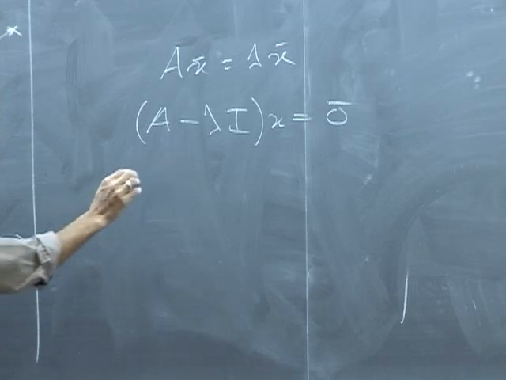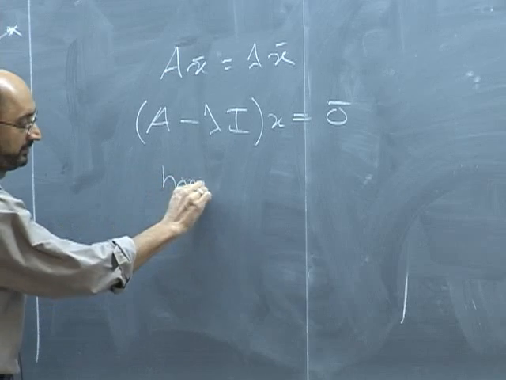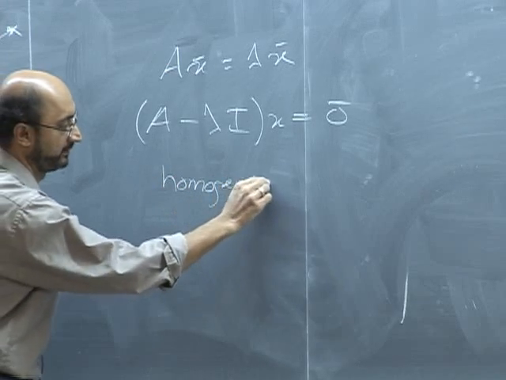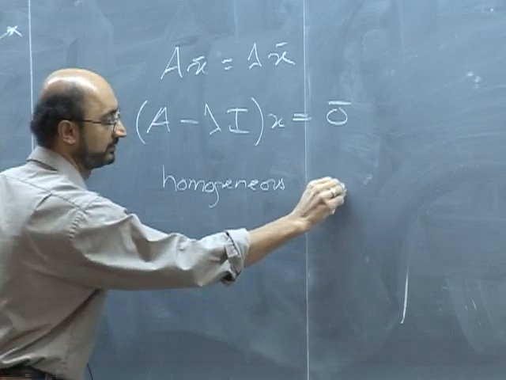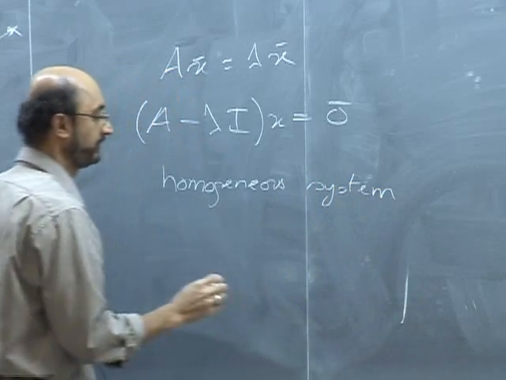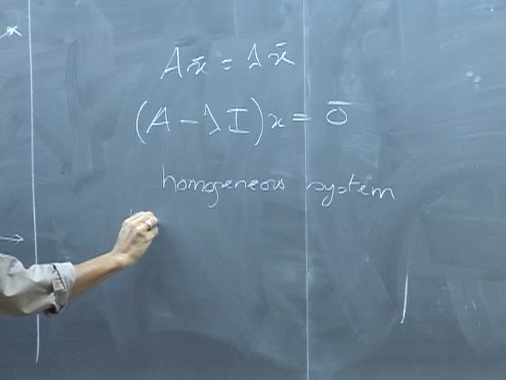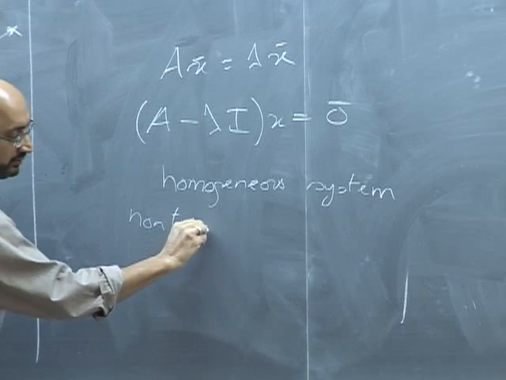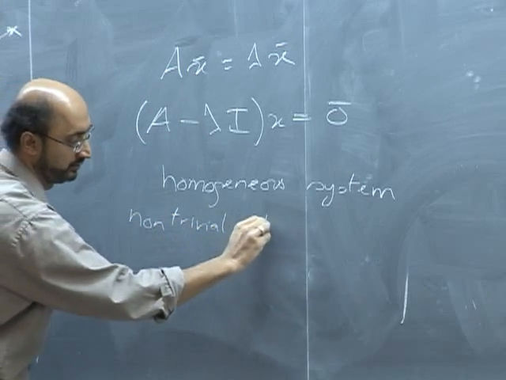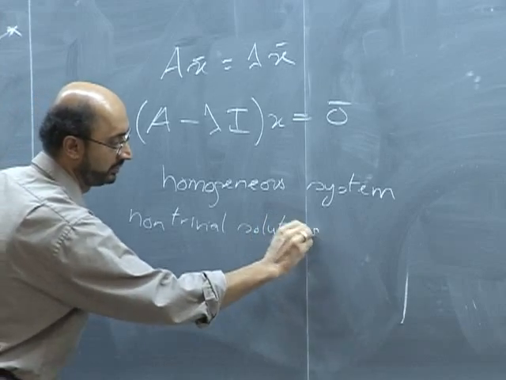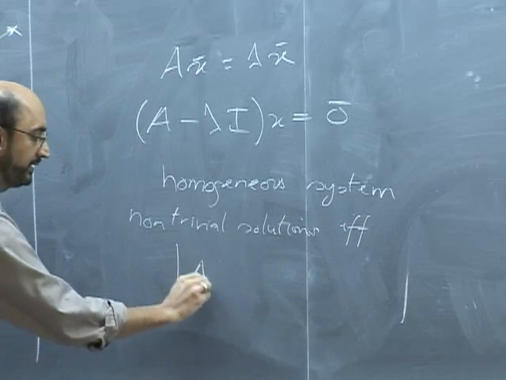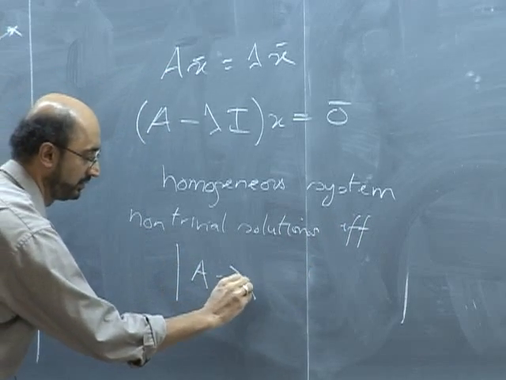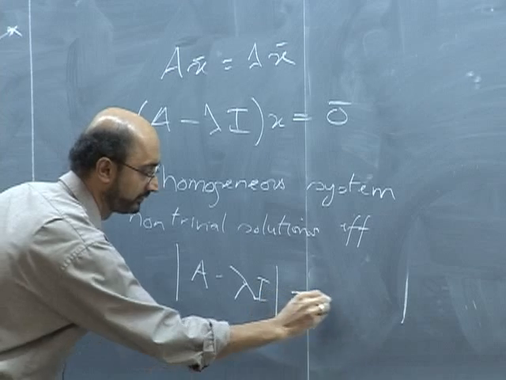And we say that this is a homogeneous system of equations. So it has non-trivial solutions if and only if the determinant of A minus lambda I is equal to 0.